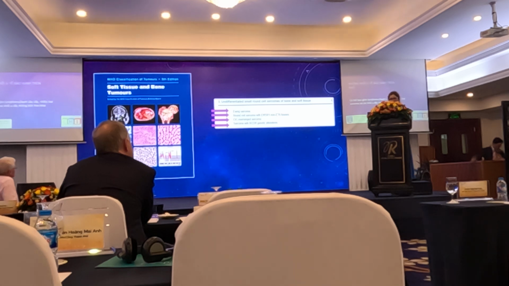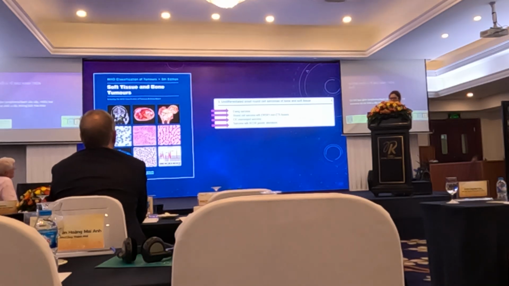But as we understand more and more about the molecular biology and the behavior of these tumours, we have categorized these into a total of 3 additional categories. We have the round cell sarcomas with EWSR1 non-ETS fusions, so not FLI1, ERG, or the other members of that gene family. We have the CIC-rearranged sarcomas, and we have the sarcomas with BCOR genetic aberrations.